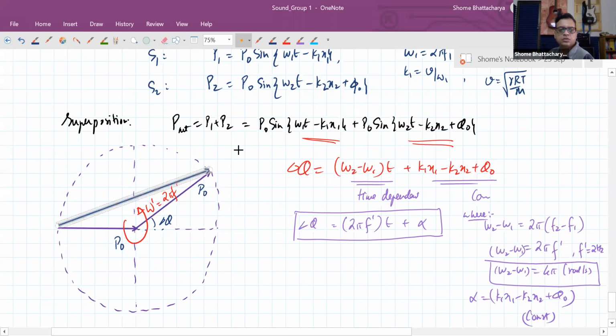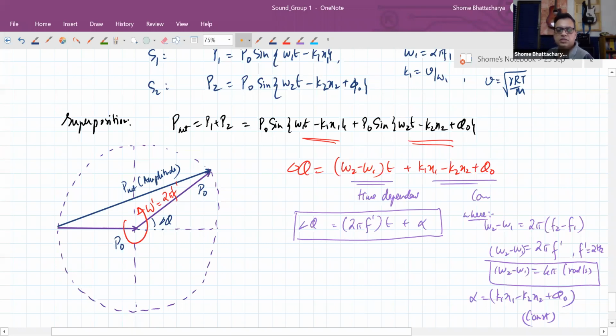So this is your net pressure amplitude. Okay, it will be like this.